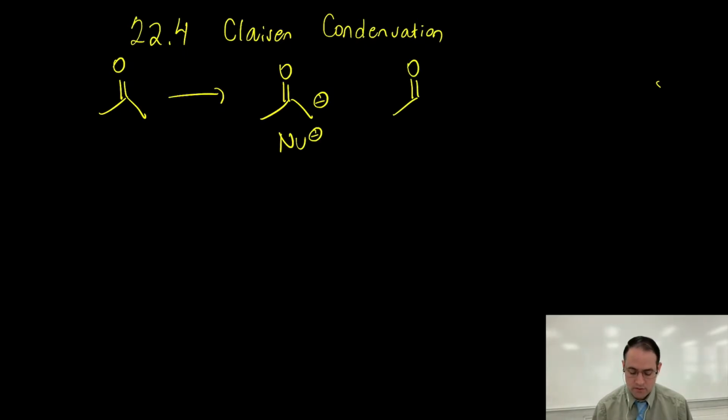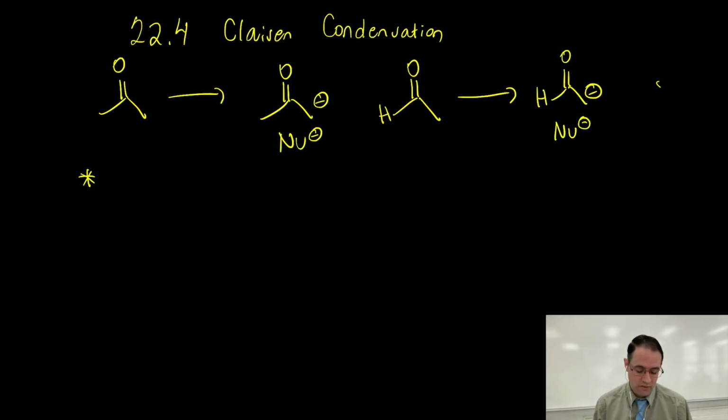Aldehydes also can be transformed into enolates with an appropriate base, LDA, sodium ethoxide, sodium hydroxide, something like that. Enolates make great nucleophiles. They're negatively charged on the carbon, and the carbon atom acts as the nucleophile.